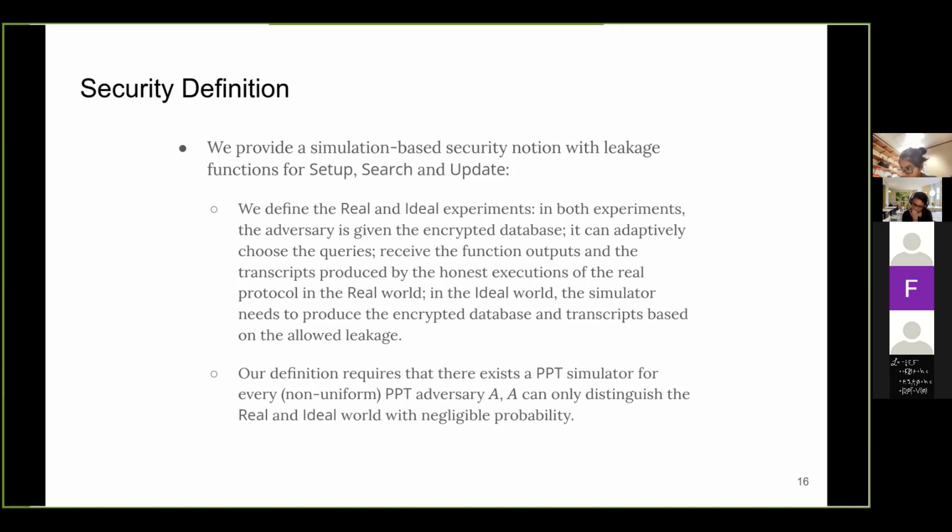But since we're dealing with fuzzy matches, the correctness just provides bounds, right? If it's close, there is an upper bound, and if they're not close, there is a probability as bounds.